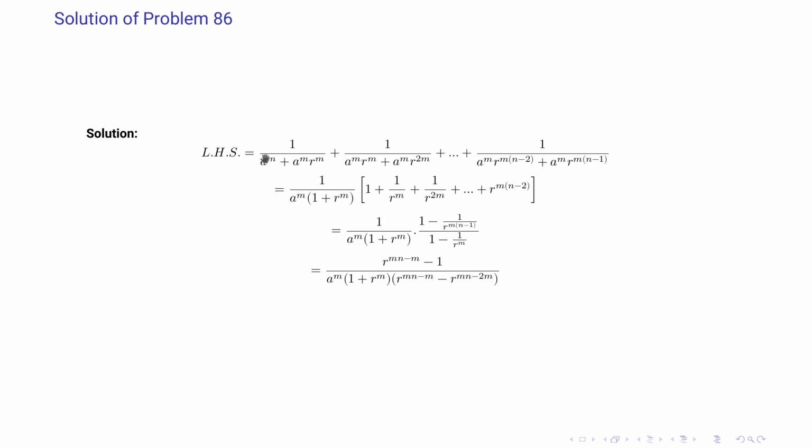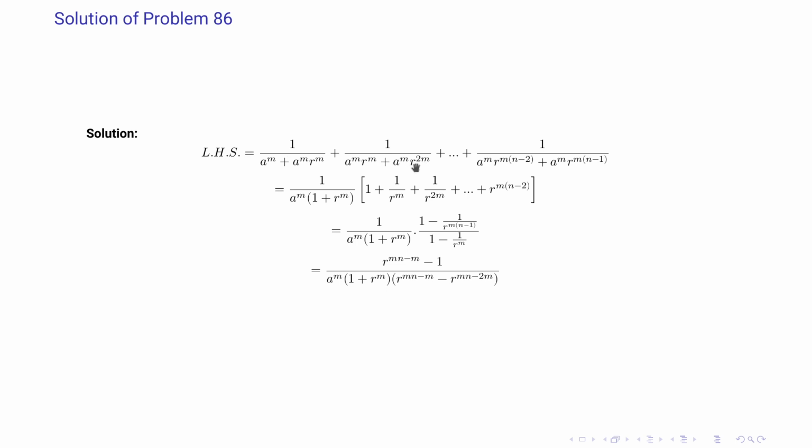So left hand side becomes 1 by a to the power m. Now this one is a2 to the power m. a2 would be ar, so it is a to the power m, r to the power m. And then in the second term, we have 1 by a2 to the power m, which is equal to a to the power m, r to the power m, like previous one.